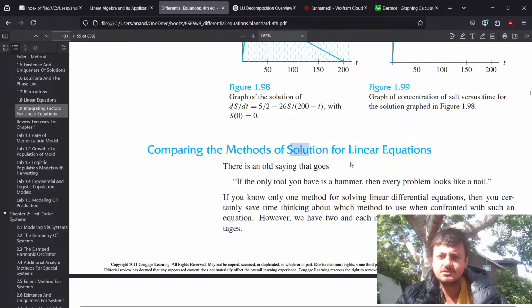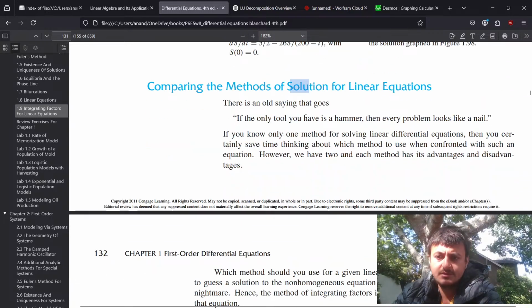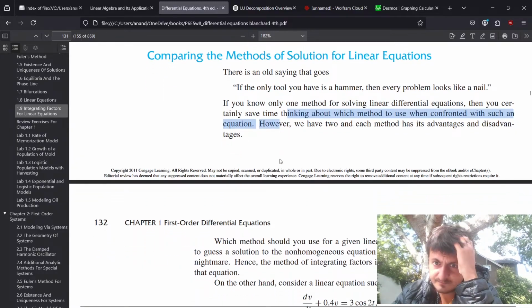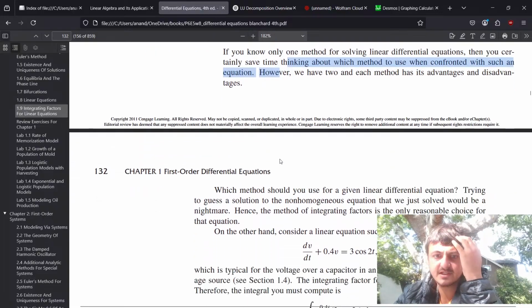Comparing the methods of solution for linear equations. Okay. If you only know one method for solving linear differential equations, you certainly save time thinking about which method to use. We have two, and each method has its advantages.